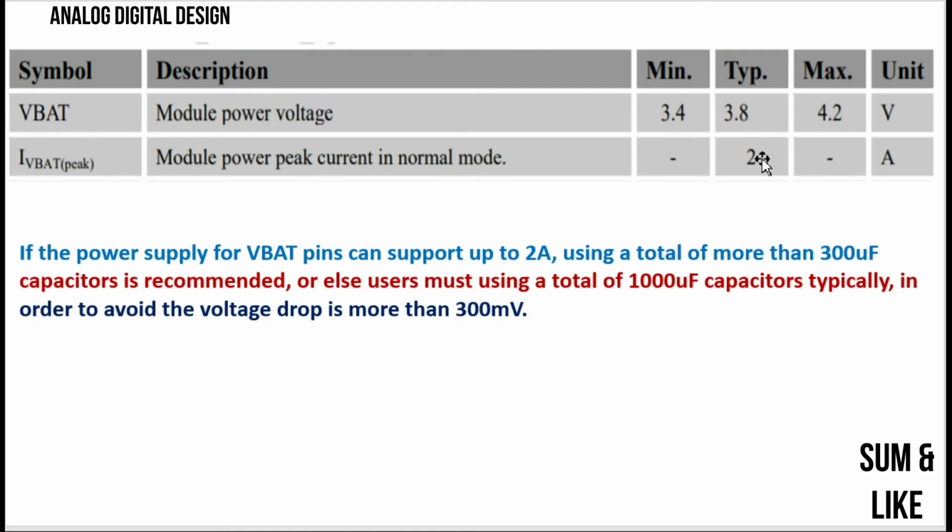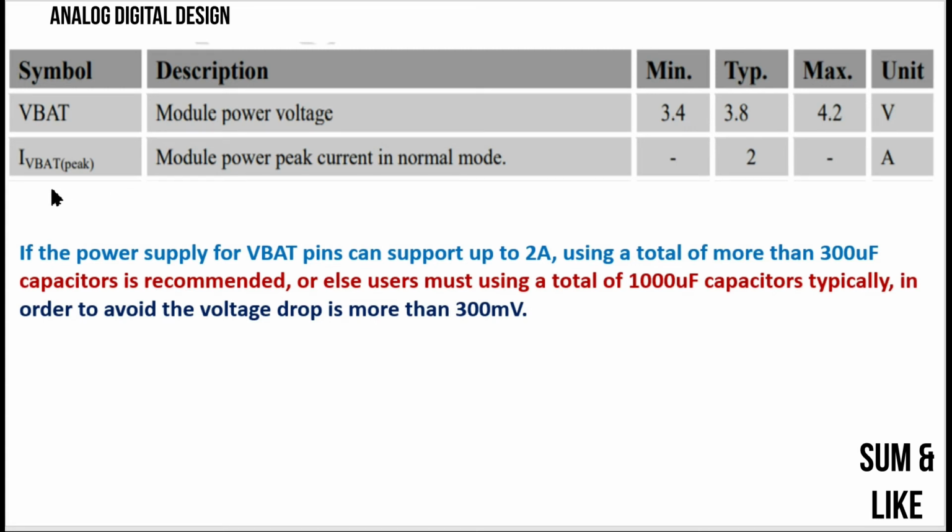If there is a drop of more than 0.3 volt, it will fall below 3.4 volt, so it may be 3.3 volt or 3.2 volt or 3 volt. If the module voltage goes low beyond this limit, the module may be off.